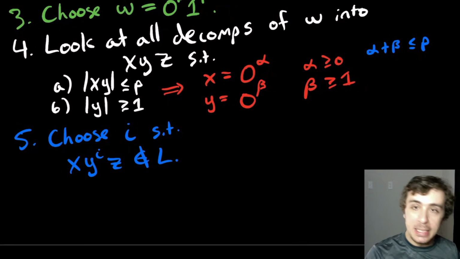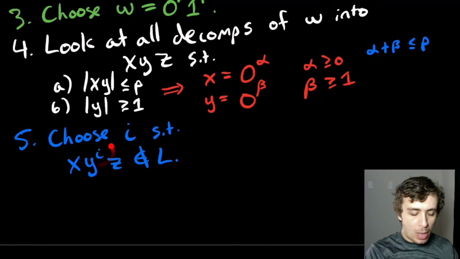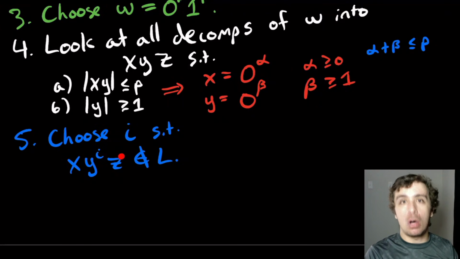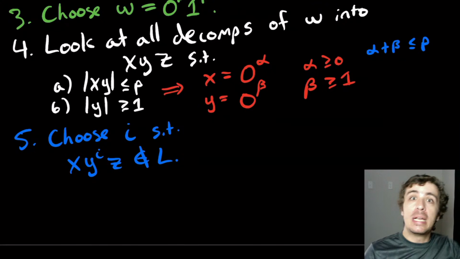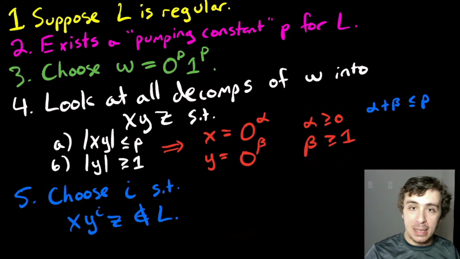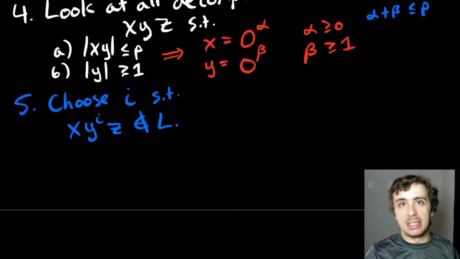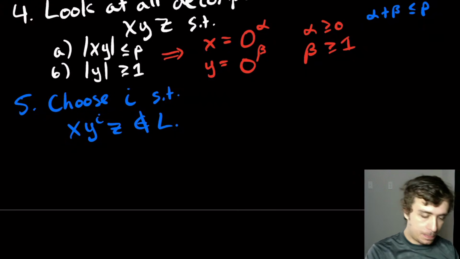Well, the condition of the pumping lemma that I left out here says that no matter what value of I you pick, you always stay in the language. But if I find one example where we actually leave the language, then that contradicts what the pumping lemma says, assuming that the language was regular. So if we find an I such that this happens, then the language is not regular.